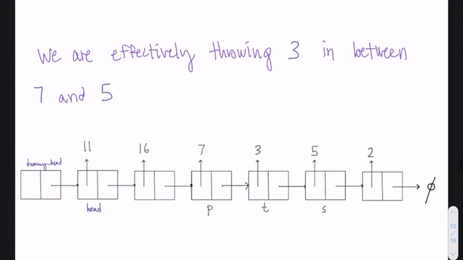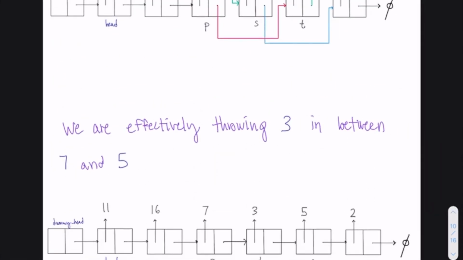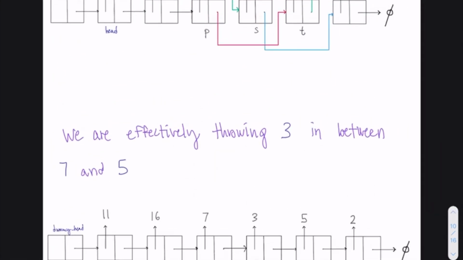And we can simplify it like so, where p is pointing to t, t is pointing to s, and s is pointing to the node that contains the value 2.